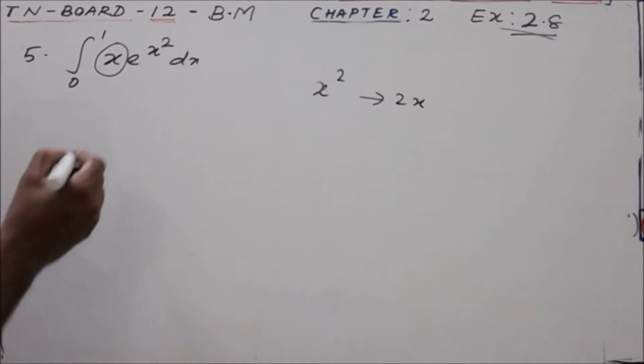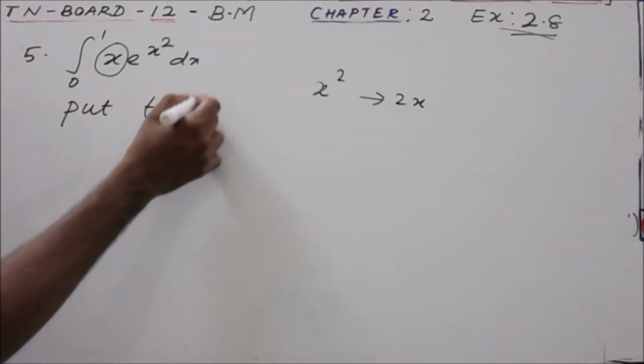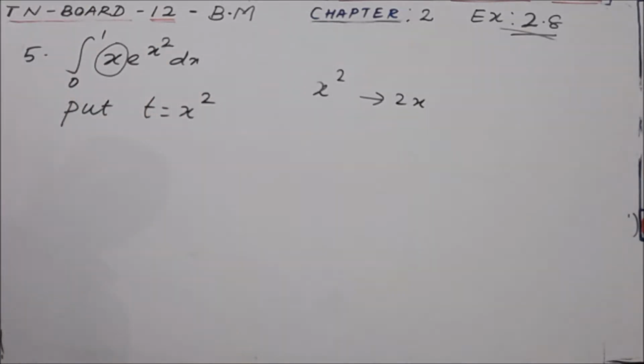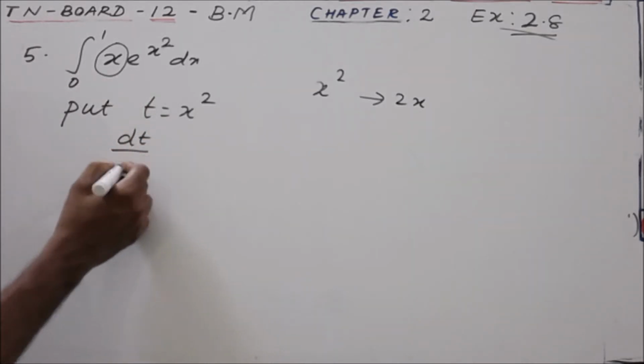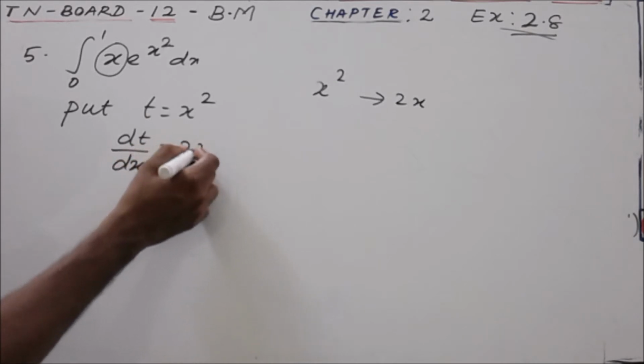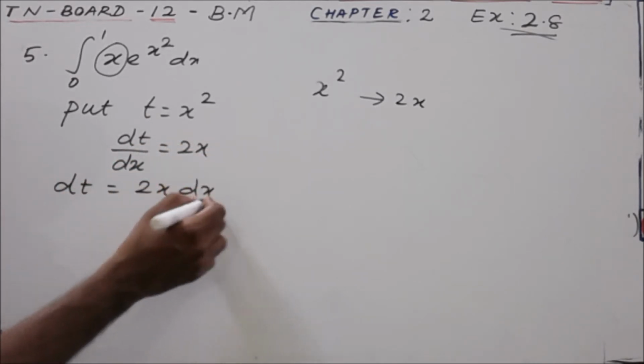Here put t equal to x square. The change of variable method here, I am substituting x square as t. So differentiate it. dt by dx yields 2x. Then dt equal to 2x dx.